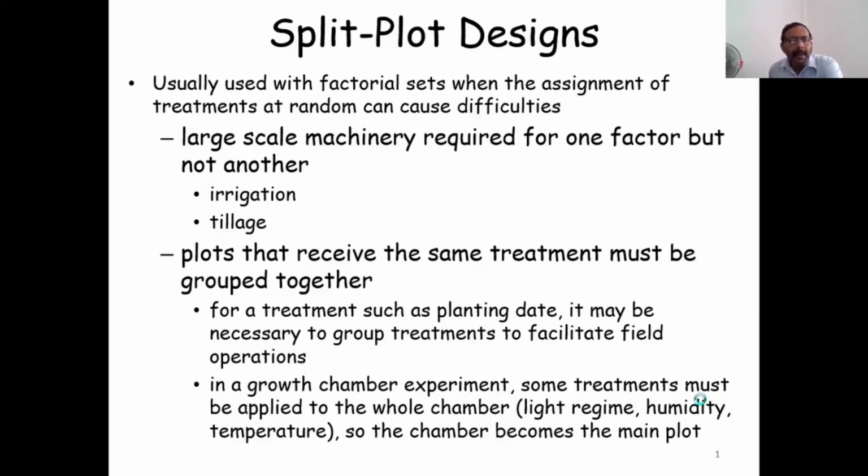You can take the notes a bit on a growth chamber. For example, if you have visited your agronomy department, now they have the growth chambers, JICA funded growth chambers. So in the growth chambers, you have cabins. Cabin 1, cabin 2, cabin 3.